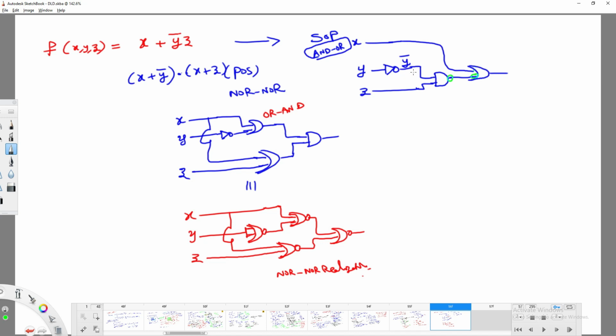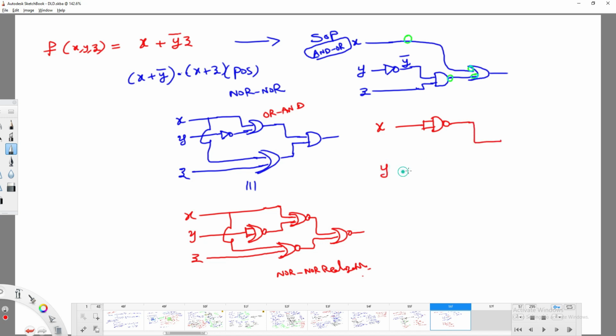So basically, what you can do, you can make one bubble here somewhere, and one bubble here. So at this particular situation, there is no problem, right? So try to redraw the structure. For x, I am going to take the input and represent it with a NAND gate, because I first try to do the complement.